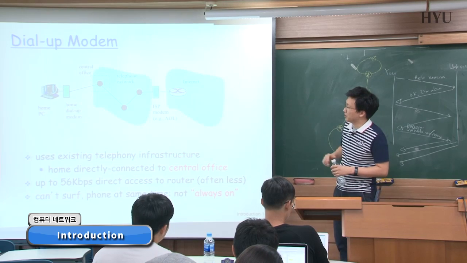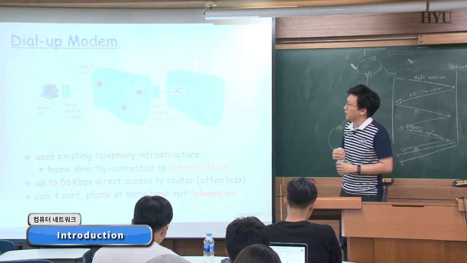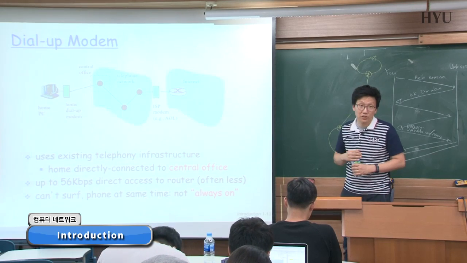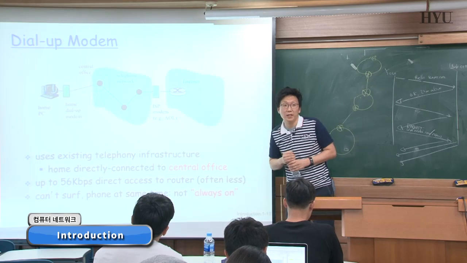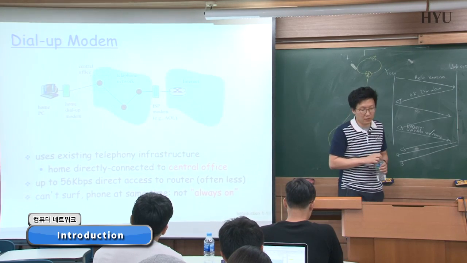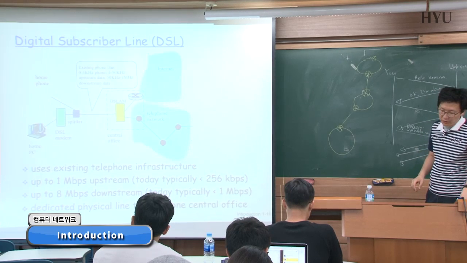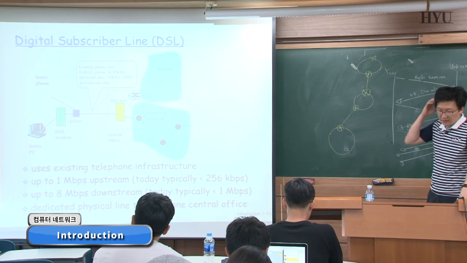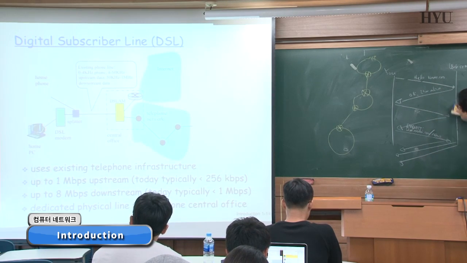So this is not your stuff, but it used to use dial-up modems to do data exchange. Dial-up uses the telephone network's signals, and DSL as well. We're using special devices to use telephone network signals.